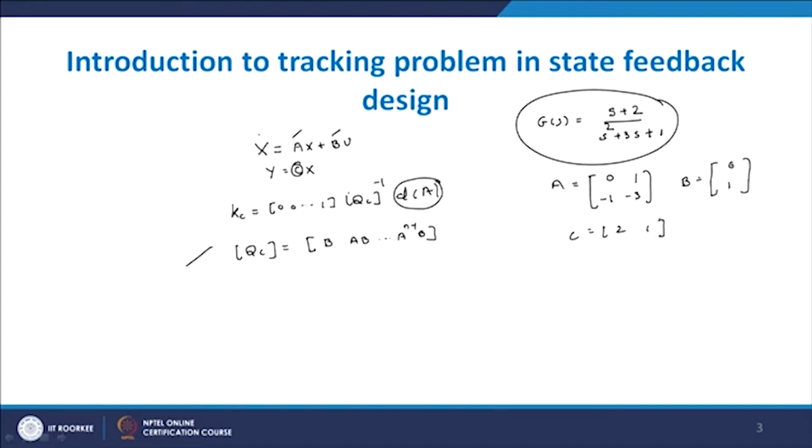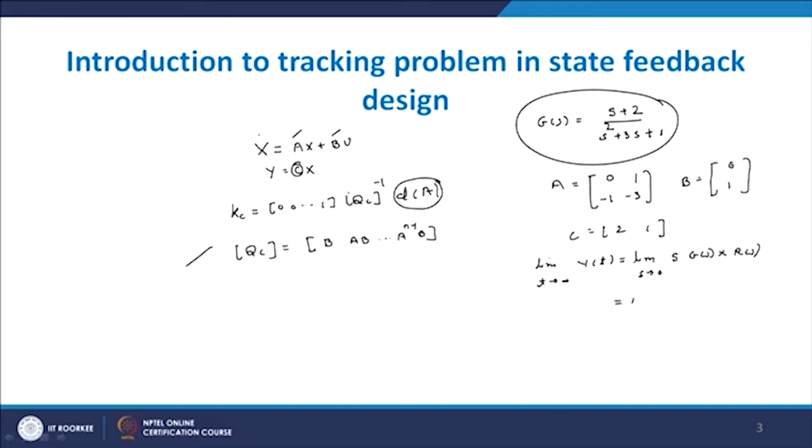So here we have A, B, C, and if you find the steady state output by using the final value theorem, it is given as limit t tends to infinity of y of t equal to limit s tends to 0 of s G of s times R of s.